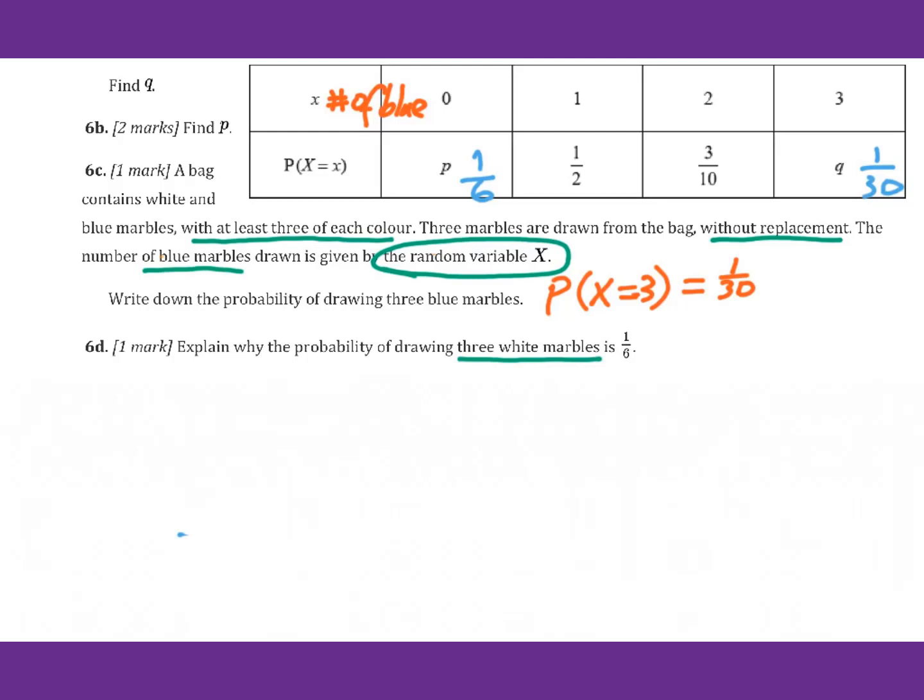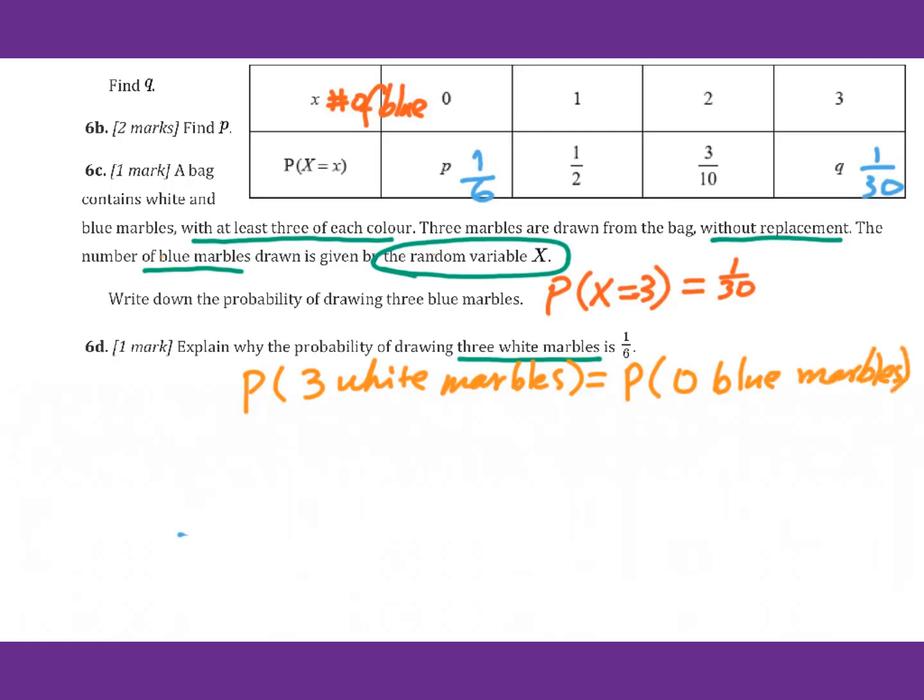For 6D, explain why the probability of drawing 3 white marbles is 1/6. Because there are only 2 types of marbles, white and blue. In other words, the probability of drawing 3 white marbles equals the probability of 0 blue marbles.